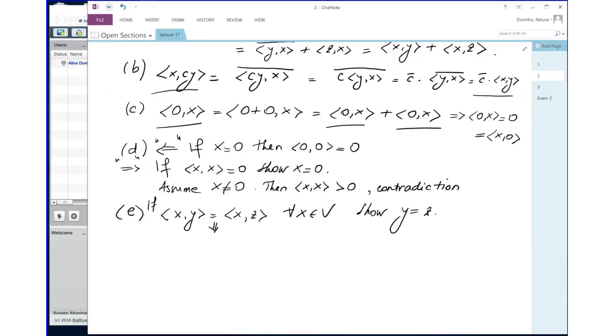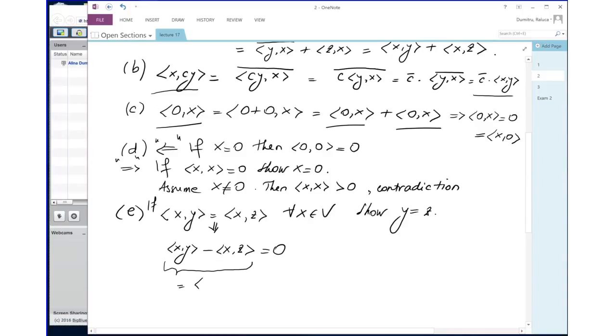And it's pretty straightforward. Move everything to one side, like the left side. How do I rewrite this into a single inner product? That would be x with y minus z.